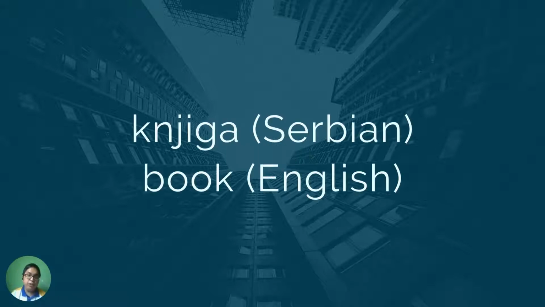Now, if we're to look further into the two words, actually, the knjiga there is the Serbian translation for the English word book. So if I were to say, okay, knjiga, and one of you would say book. Well, of course, you know already that they would both refer to books. But let's say I'm referring to a book that I have here right now with me, and you're referring to a knjiga, which you also have there.